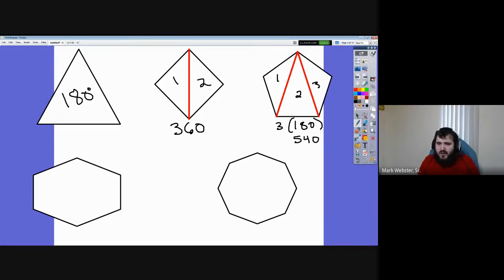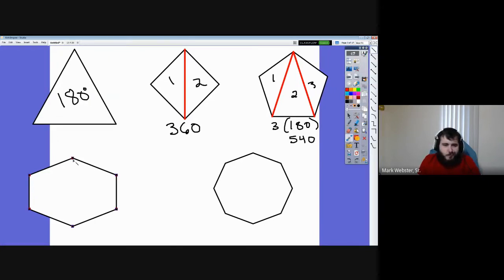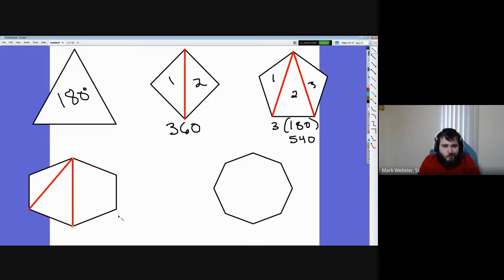And we're going to do the same thing. I'm going to continue drawing these lines from corner to corner, just on one, just so that I can break it up in a way where I get triangles here.